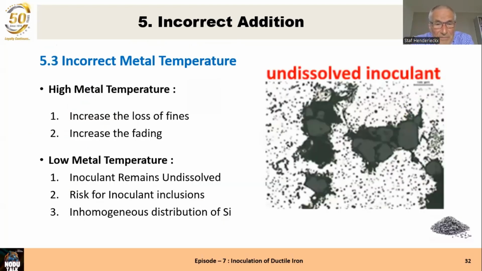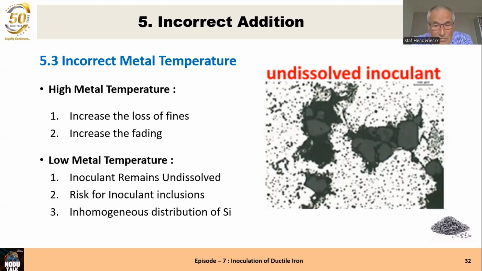Here you can see if the metal temperature is incorrect. With a high metal temperature, we lose a lot of fines during the adding, and at high temperature, we have seen it will increase the fading from the first inoculation we have done. If you have a low temperature, the inoculant remains undissolved, and you see a picture there that I many times have seen.